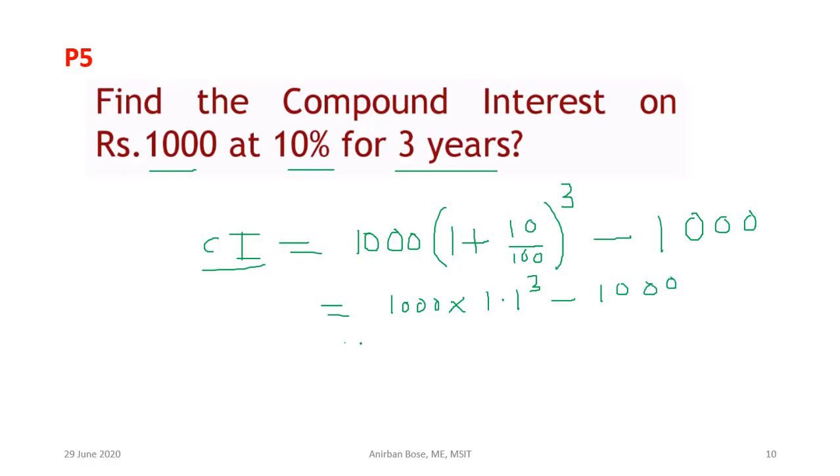Okay, so what is 1.1 cube? 1.1 cube is 1.331. So multiplied by 1000 will become simply 1331 minus 1000. So the answer is 331.